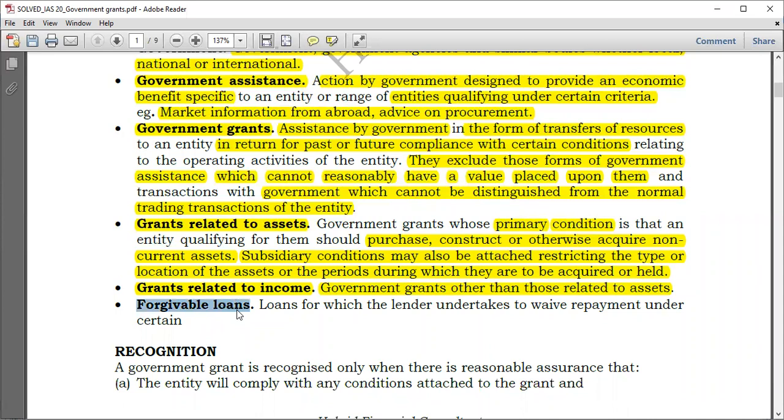These are loans for which the lender undertakes to waive repayment under certain conditions, right? When you speak of forgivable, it's like someone lent money to you, but maybe right now they forgive you, but they give you a condition. Maybe I'm forgiving you, but make sure that you achieve this and that. That's what we call a forgivable loan.